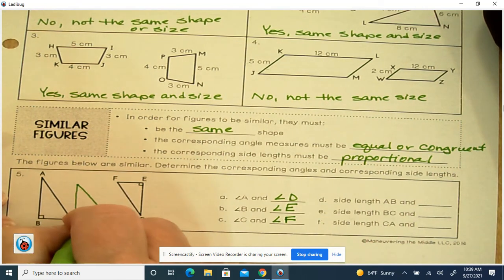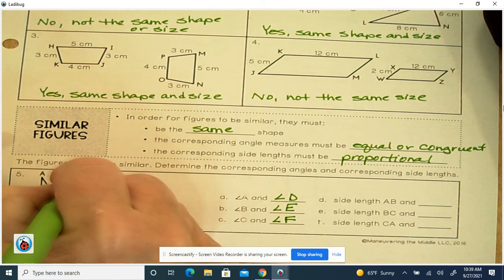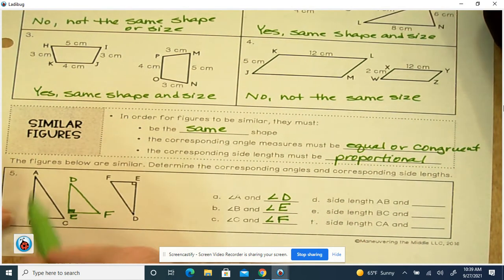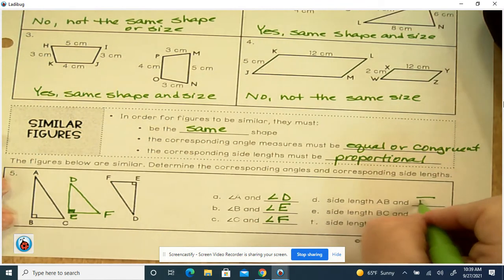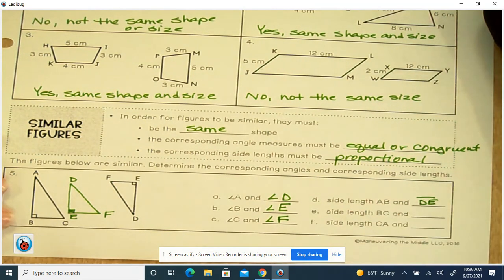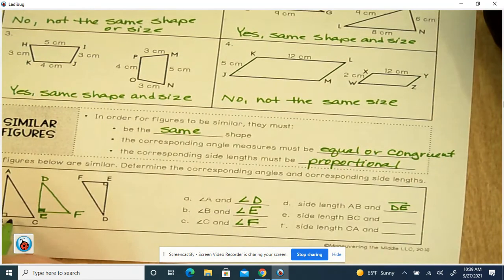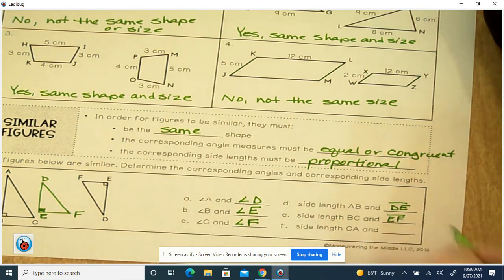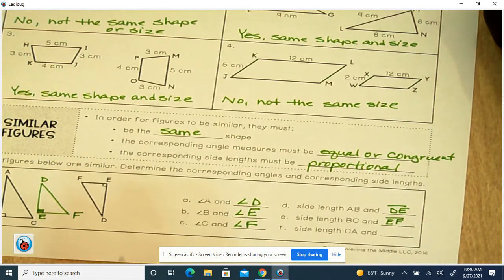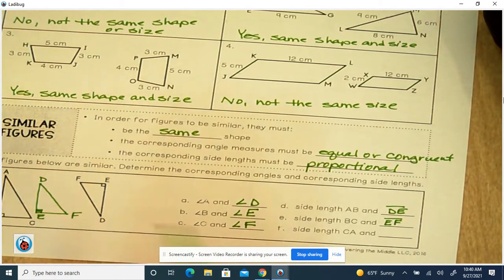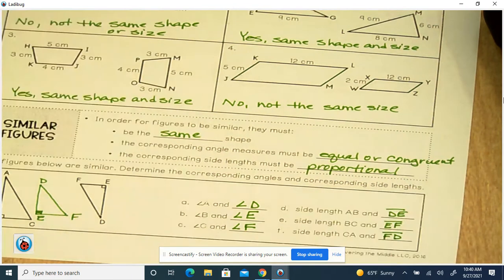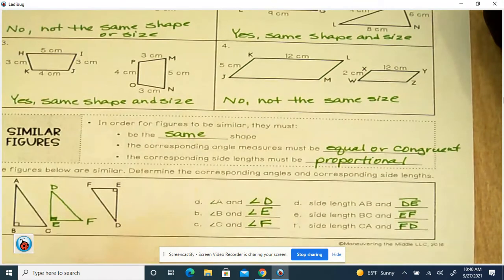That's angle E, that's F, and that's D. So side length AB is the same as side length DE. Side length BC is the same as side length EF. And side length CA is the same as side length FD. They're all congruent angles and congruent sides.